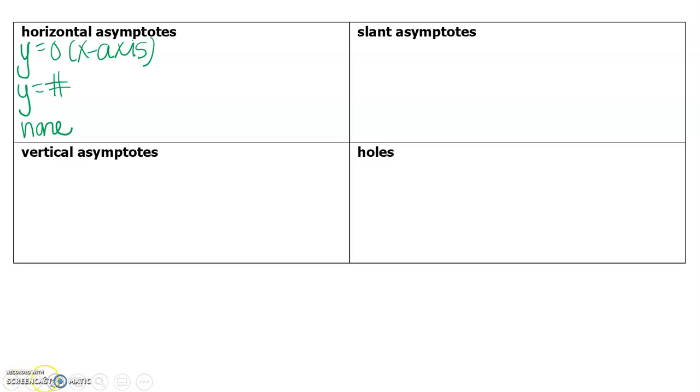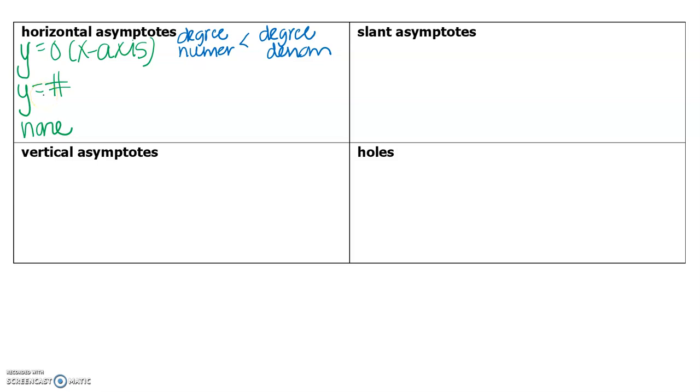Your horizontal asymptote is going to be equal to 0, and we're going to talk about the degrees of the function, when the degree of the numerator is smaller than the degree of the denominator. Basically, if it is bottom heavy, then it's going to be y is equal to 0.